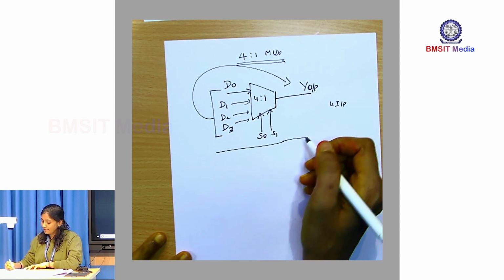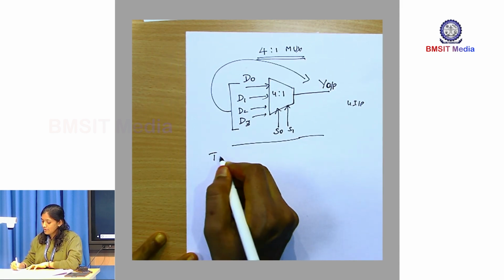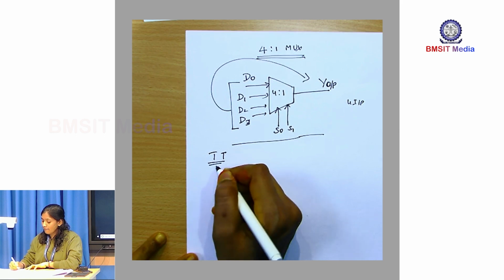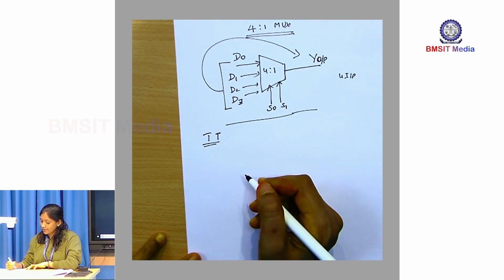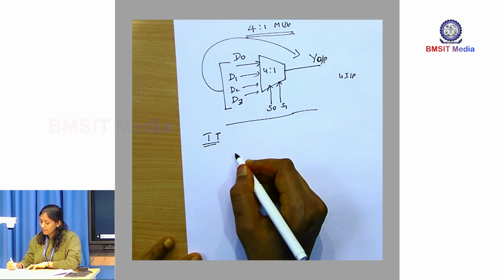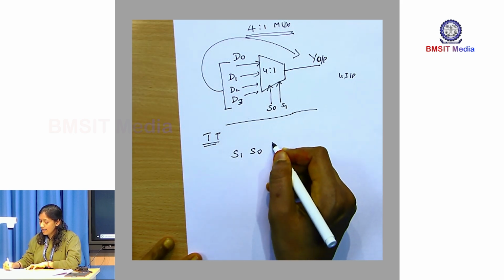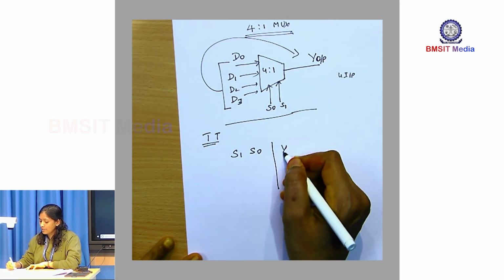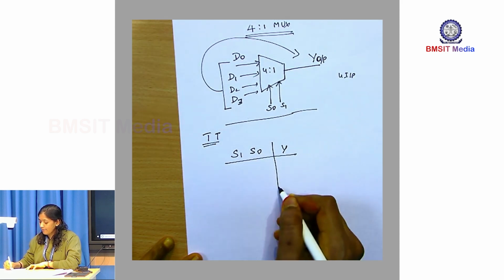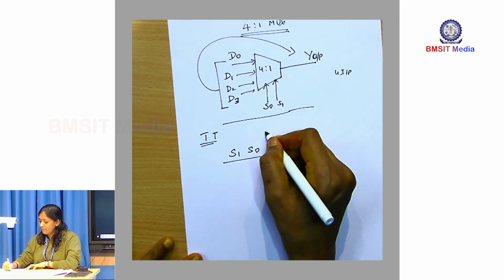Now, let us implement the truth table. From the truth table, let us write the logic circuit. What is the truth table? There are 2 select lines now. One is called S1, the other is called S0, and we have our output called Y. How many data lines do we have?